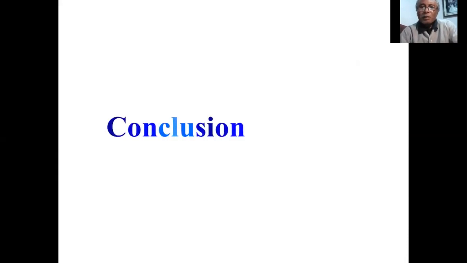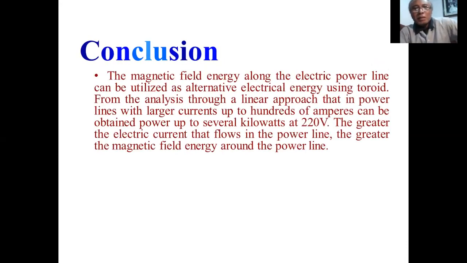Next, the conclusion. First, the magnetic field energy along the electric pole line can be utilized as alternative electrical energy using a toroid. From the analysis through the linear approach, in power lines with large current, up to hundreds of amperes, power up to several kilowatts at 220 volts can be obtained.